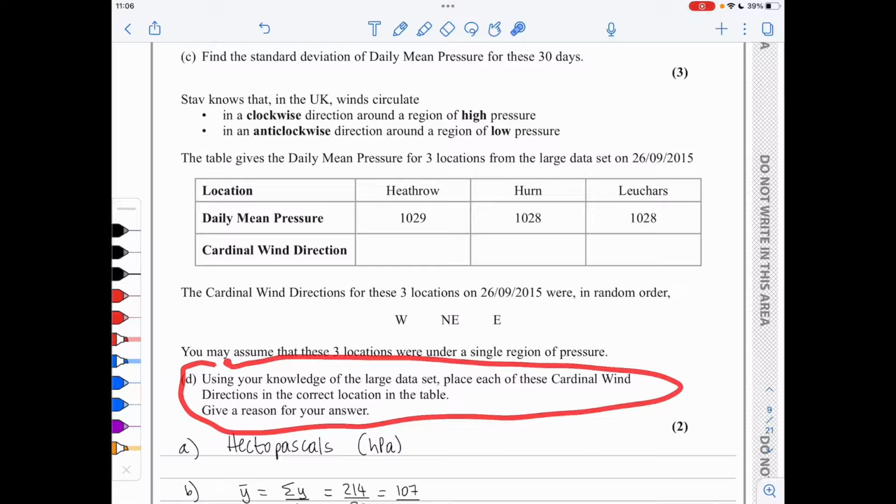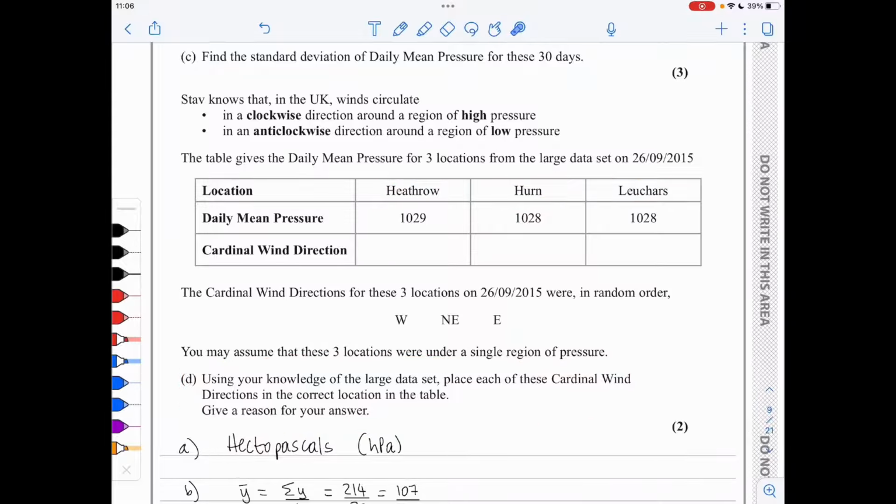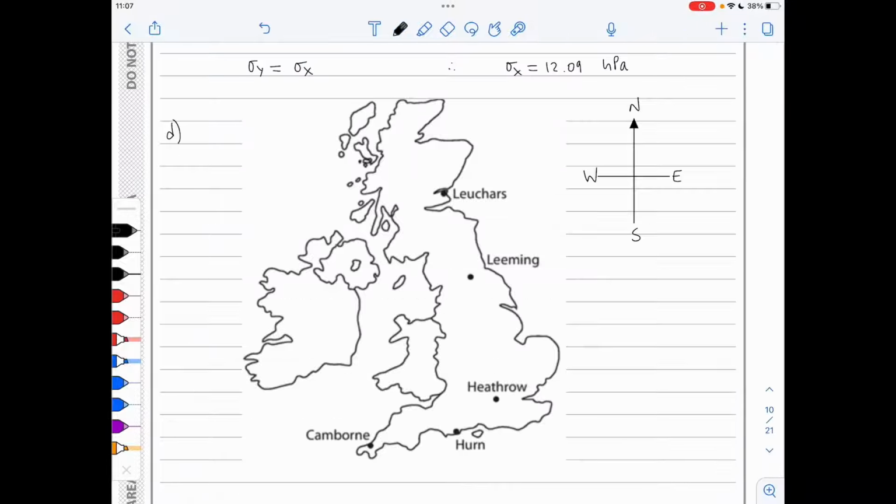So we should have a good idea of where each of these locations is on a map of the UK. So I will actually draw a map of the UK. I will place the three locations and we'll try to explain exactly what's happening here. So this is the map of the UK. These are the locations for which the large data set is giving us information. Let's look at what kind of information will be provided up to now.